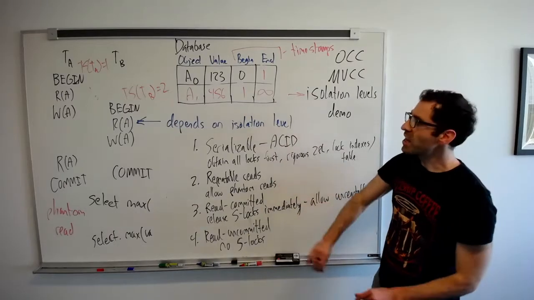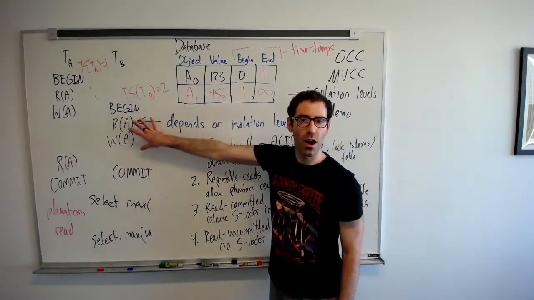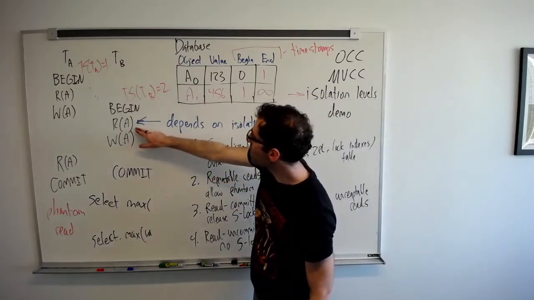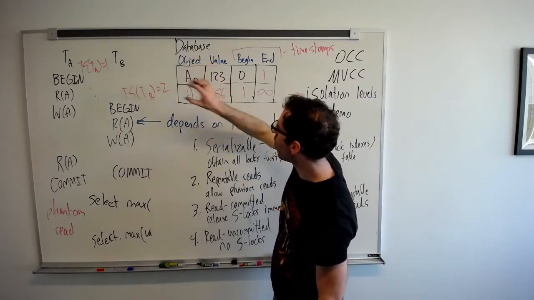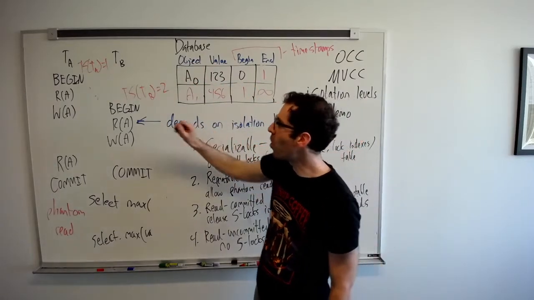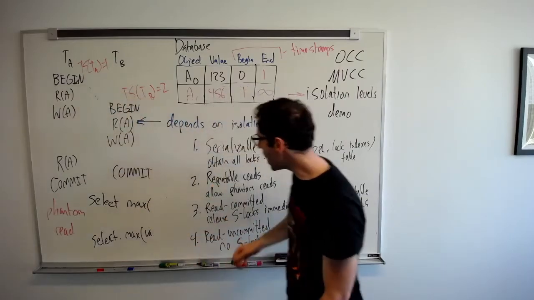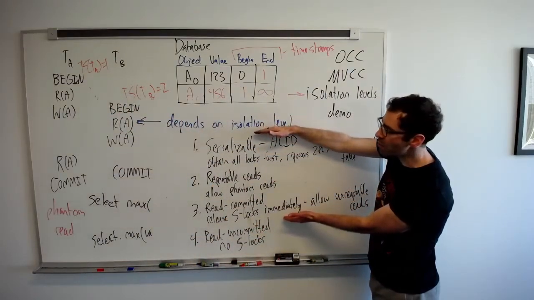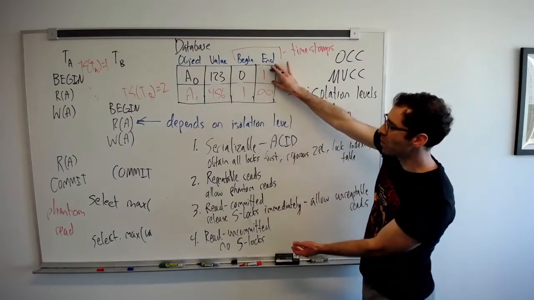This is all to say that in this example of multi-version concurrency control, whether this reads the initial version or the uncommitted information from our transaction A depends on the level. If we're on these first three levels, then we would need to read the original.